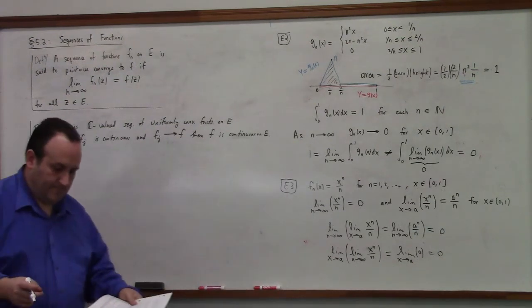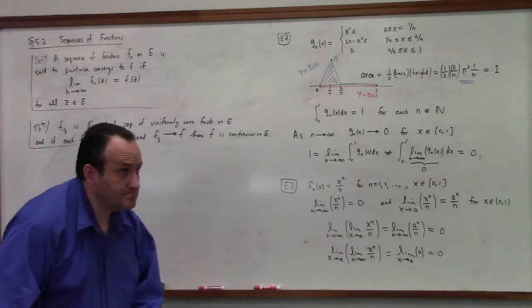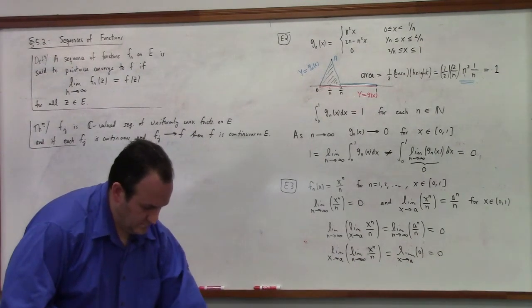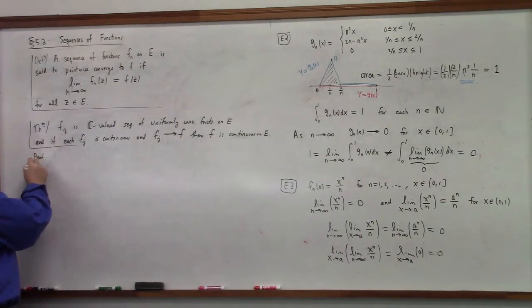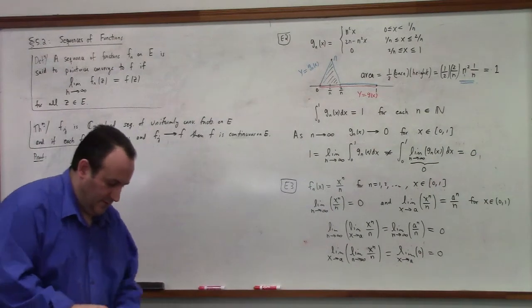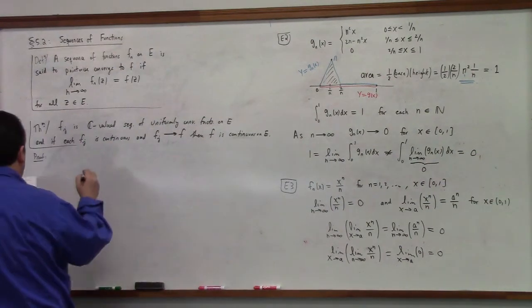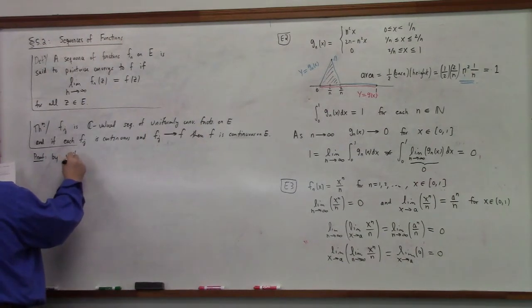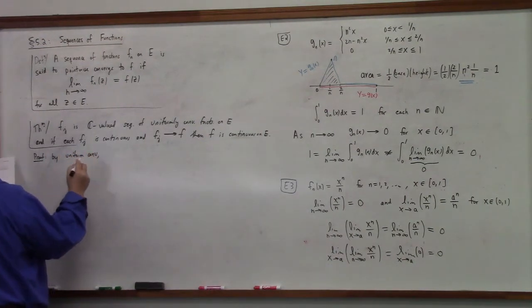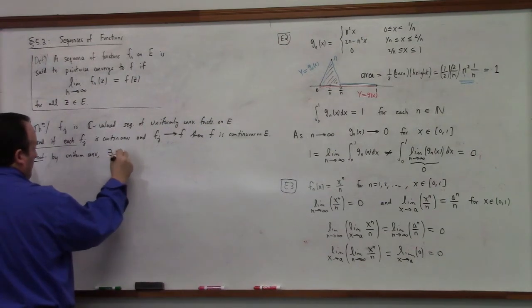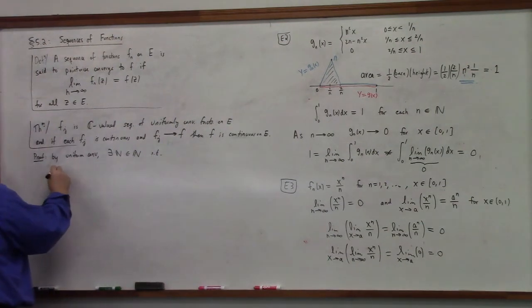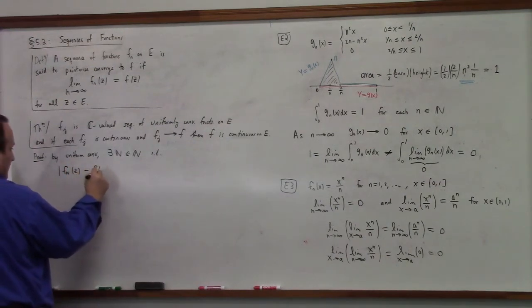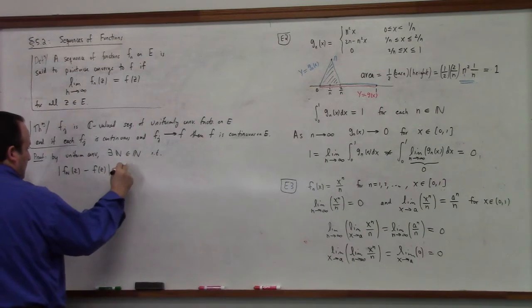So, here's the proof. By uniform convergence, there exists n in the natural numbers such that the modulus of fn of z minus f of z is less than epsilon over 3.